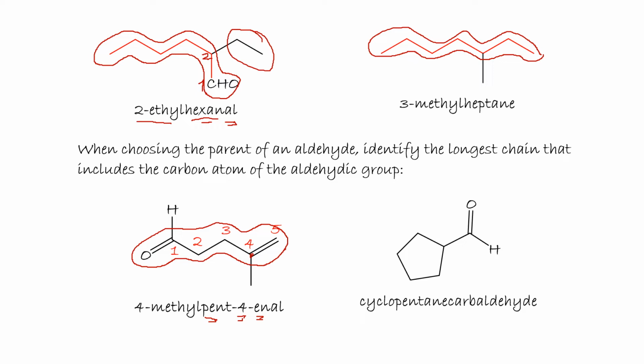So on number 4 we have a methyl group. So it's 4-methylhept-4-enal. This compound is cyclopentane, and you include the E, and just add carbaldehyde. And if you have substituents, this is number 1. Cyclopentane carbaldehyde.